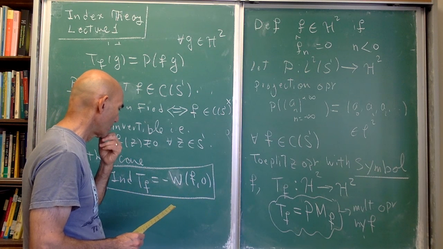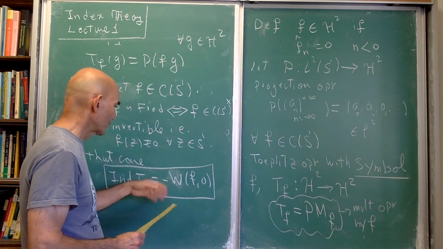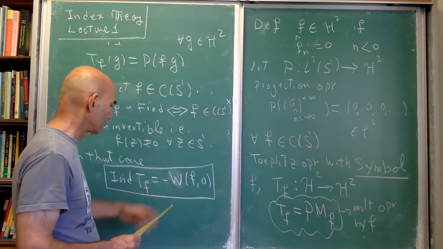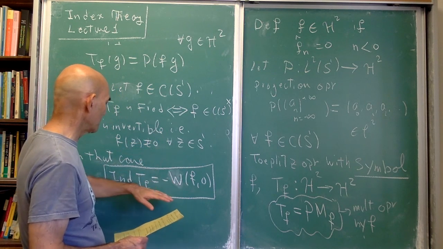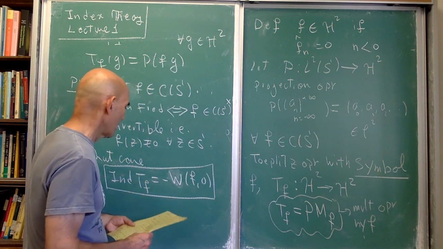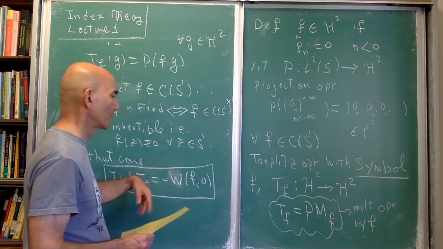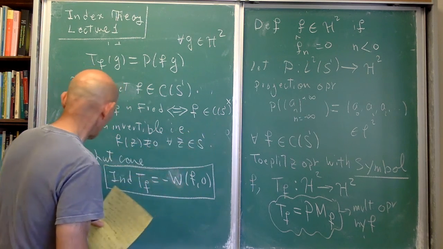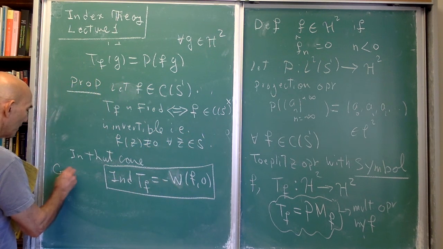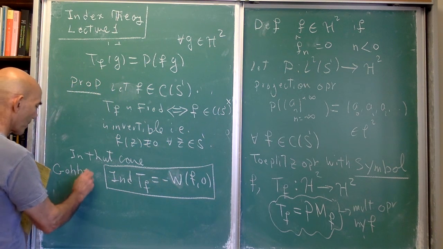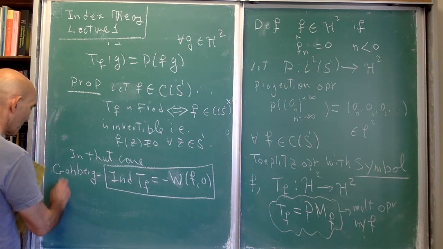To prove such results, to prove that this is Fredholm, and to prove that the index is indeed given by this, we need more theory than just purely algebraic theory. This, by the way, I believe is due to Gohberg and Krein.